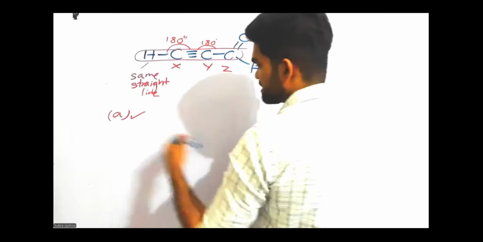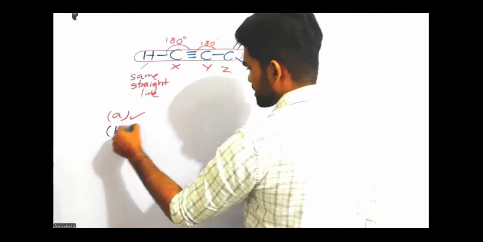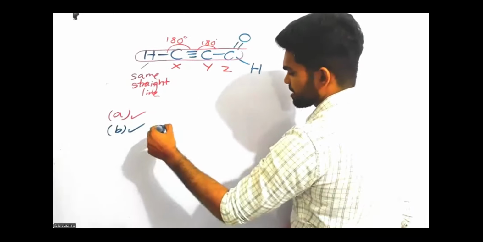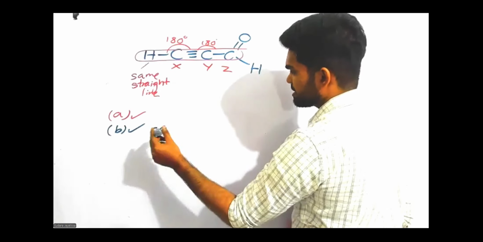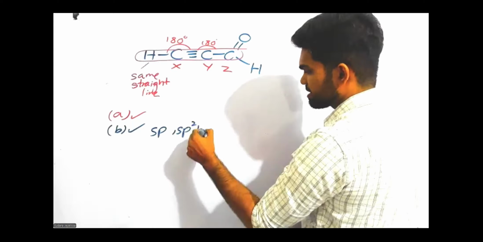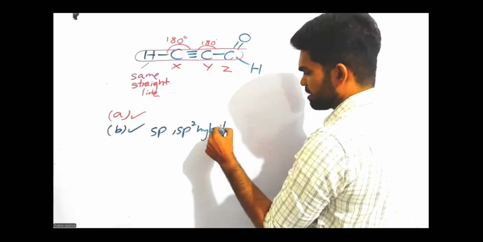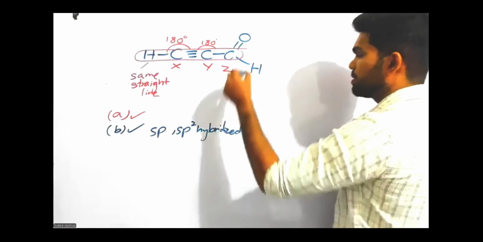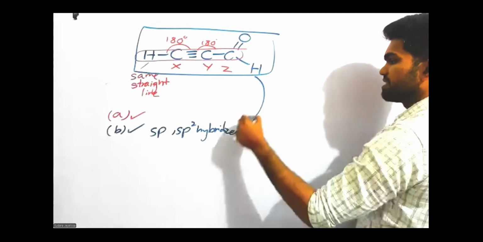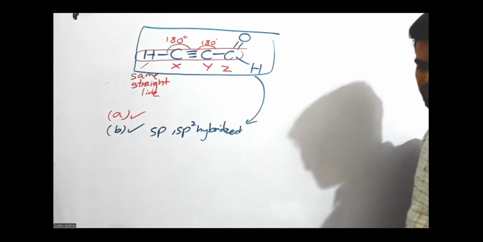If they are in the same plane, we know they must be sp or sp2 hybridized. So we can say all central atoms are sp or sp2 hybridized, and therefore they all lie in the same plane. That is also correct.